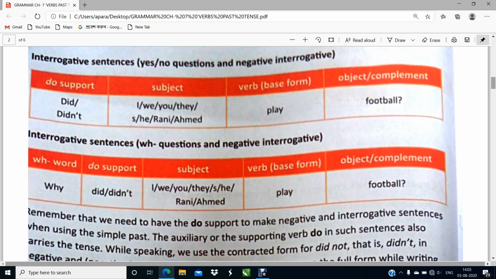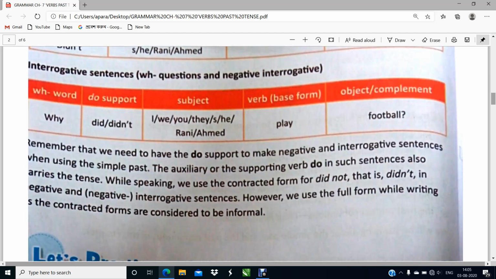And in negative form, why didn't you write English, or what didn't you write yesterday? So these are the forms in which we write down our sentences. Here we have the let's practice part.